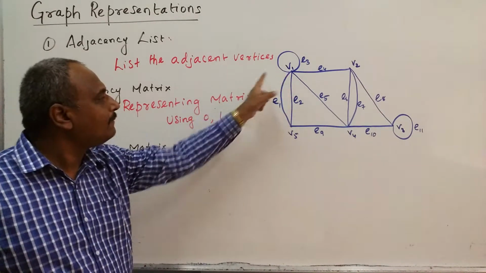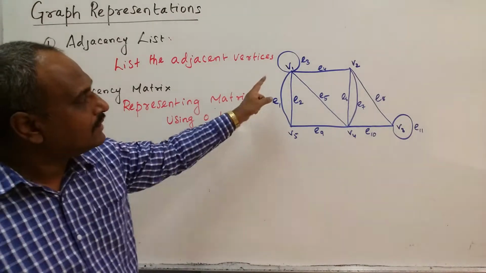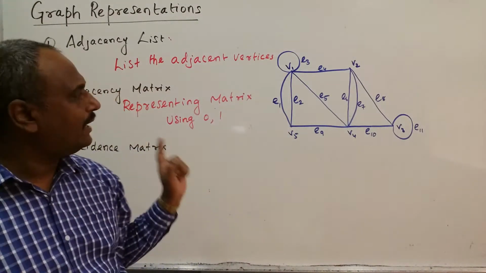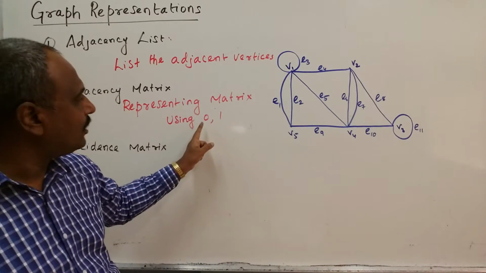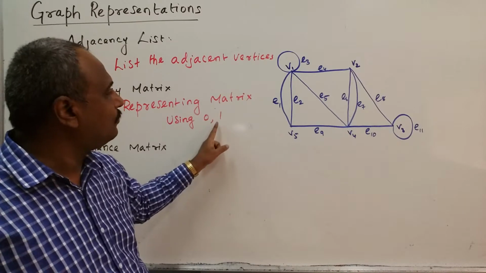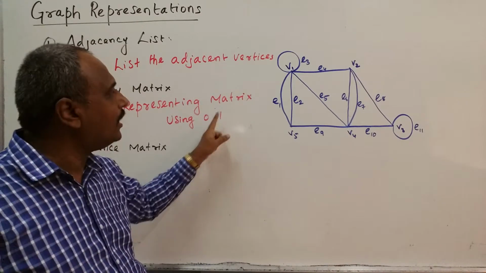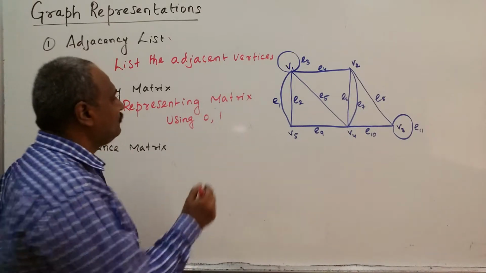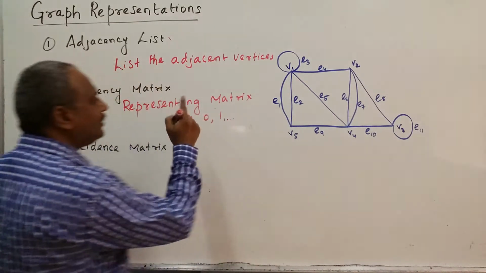So we said we are going to check the adjacency vertices with respect to the edges. We are going to use 0 if there is no link, 1 if there is one link, 2 if there are 2 links, 2 edges. Based on that idea, we are going to use the number and represent the vertices in a matrix.